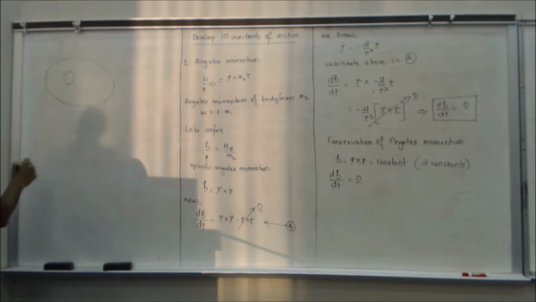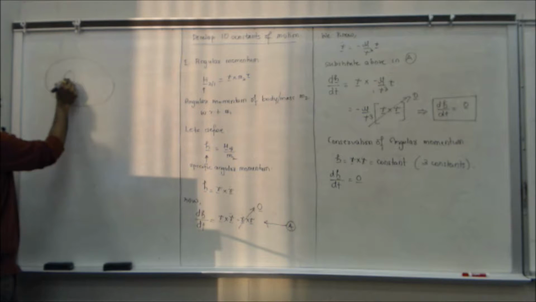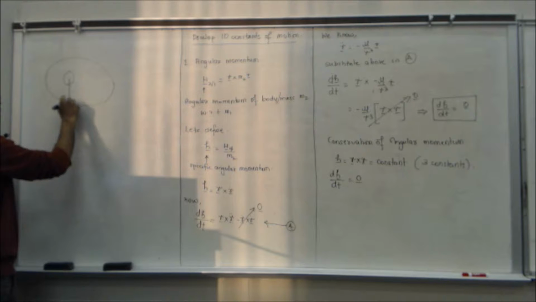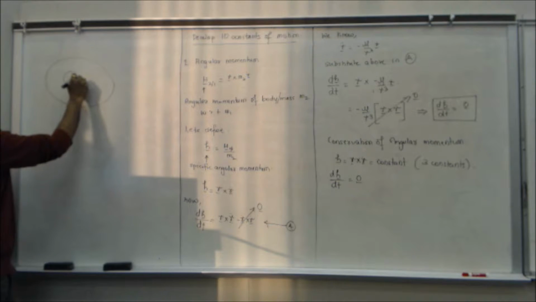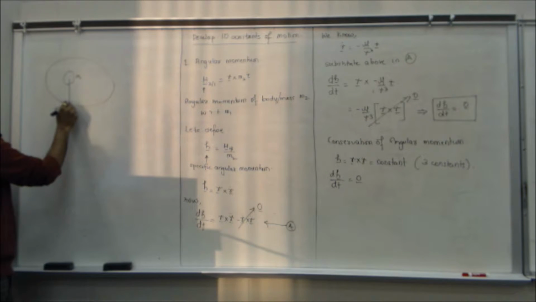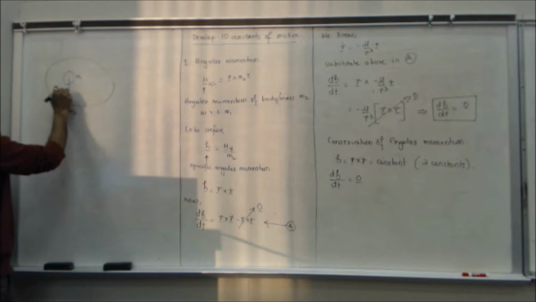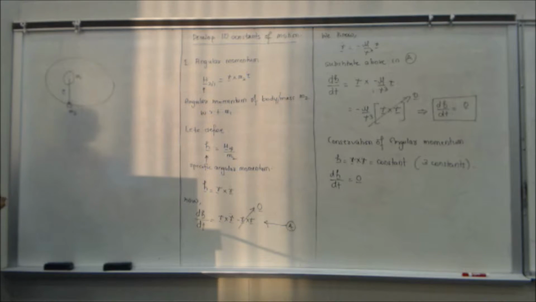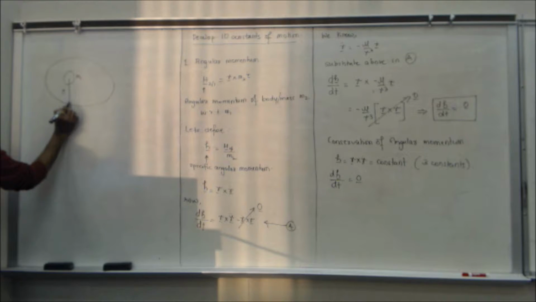So you have, let's say, this is the position vector. Now this is the body mass m1, and here you have m2. This would be your r, correct? This would be your r dot.